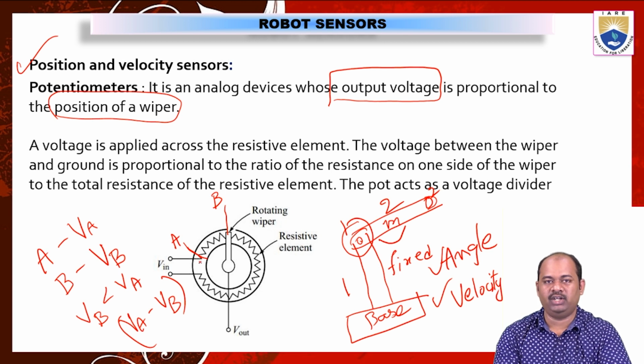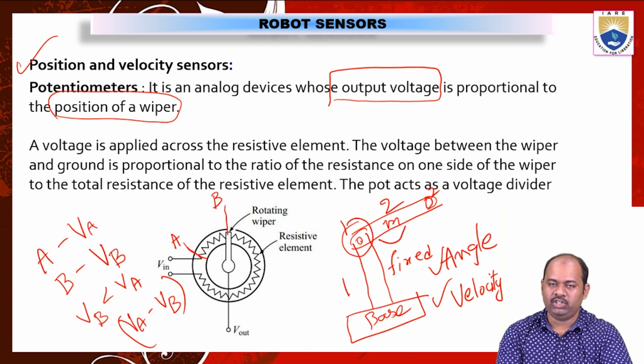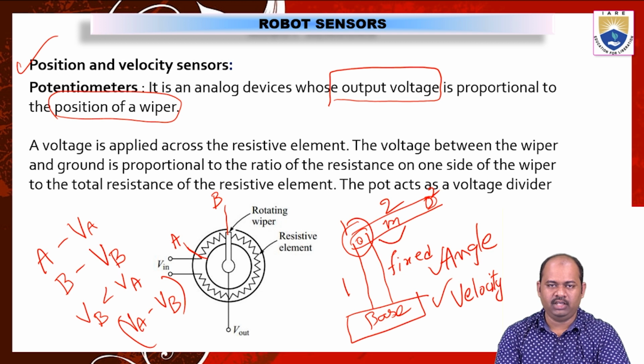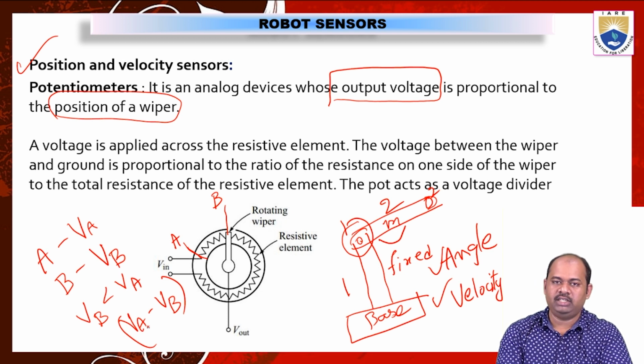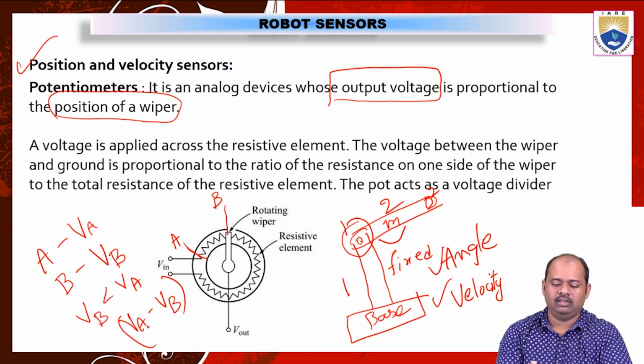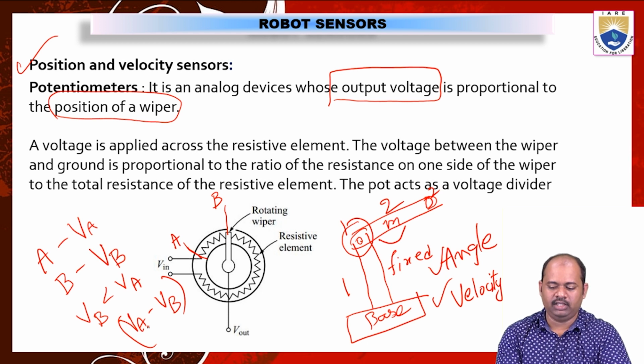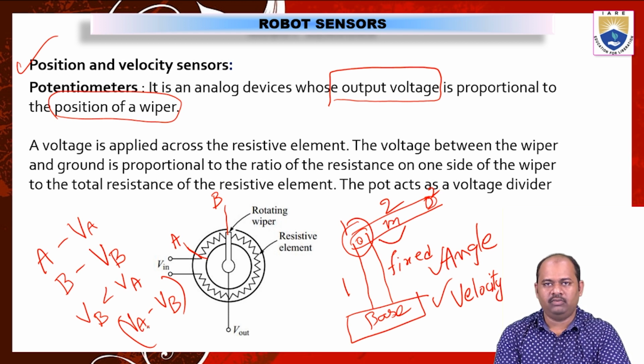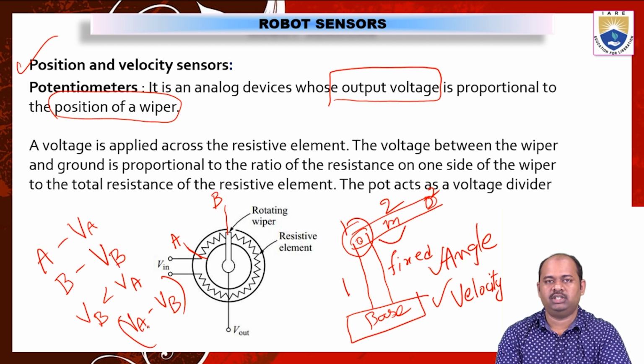So the potentiometer is calibrated in such a way that the voltage difference between point A and point B is taken and given to a formula. We'll see what the formula is in the next slide. And this formula will give you the actual position, that is, how much angle the link has rotated.